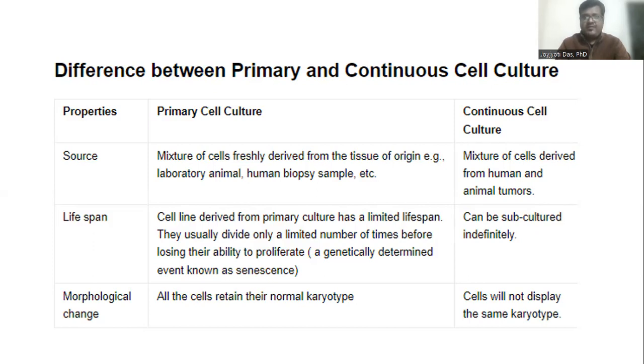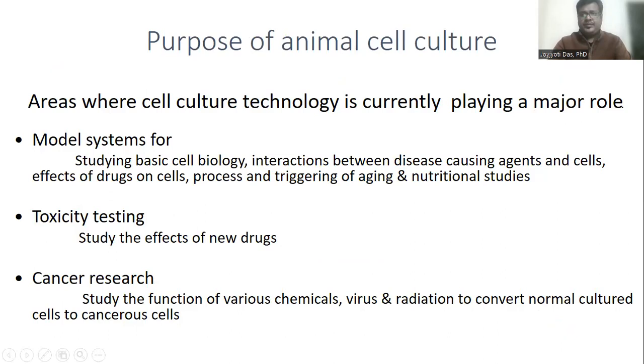They have high genomic instability, which is why there will be changes in their genome, in the number of chromosomes, or in the size of chromosomes. And so they will not display the same karyotype as that of the parent tissue.